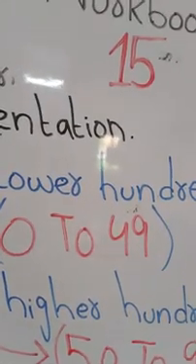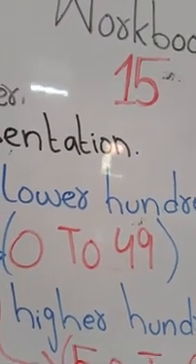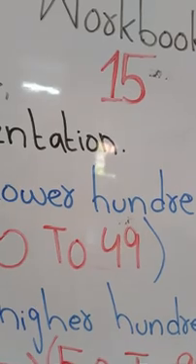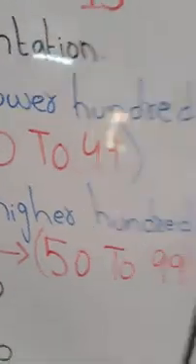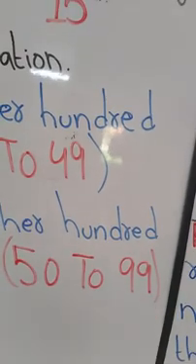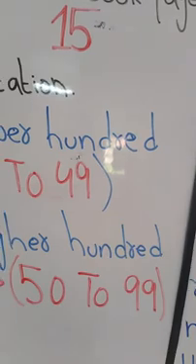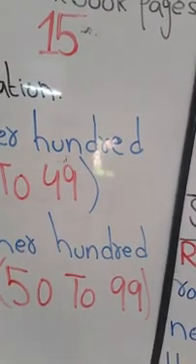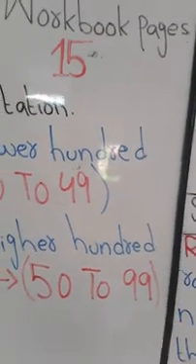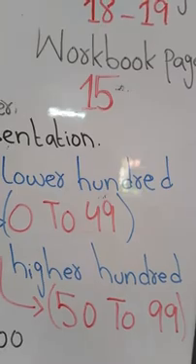If in the place values the number in tens and ones is 0 to 49, we have to count backward in hundreds, and if the numbers in tens and ones are 50 to 99, we have to count forward. We have to count on, and we have to jump on to the greater number. Okay, 50 to 99 is higher 100 and 0 to 49 is lower 100.